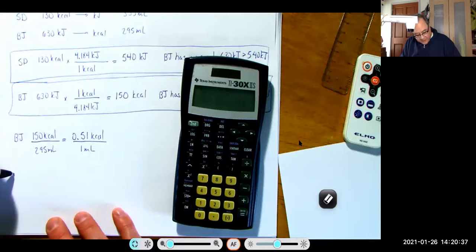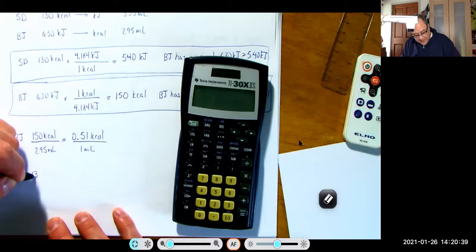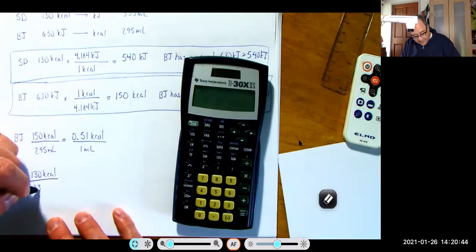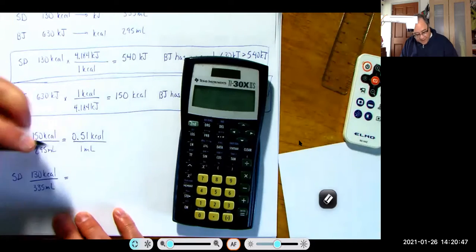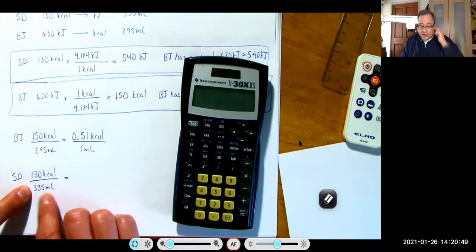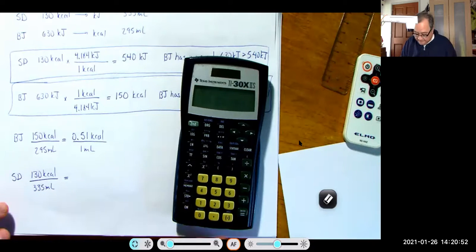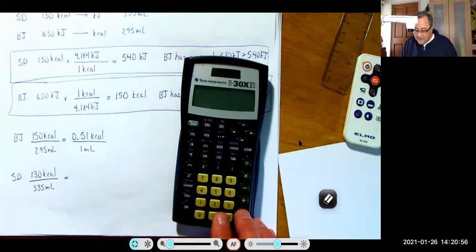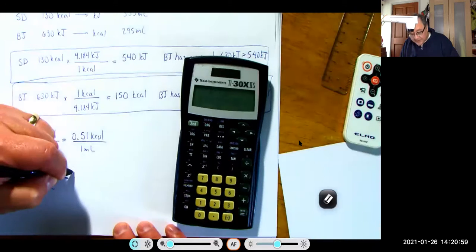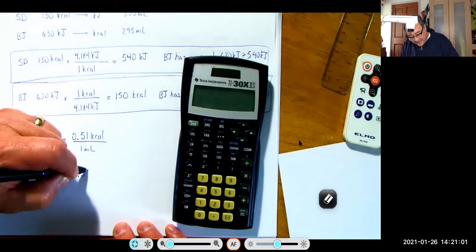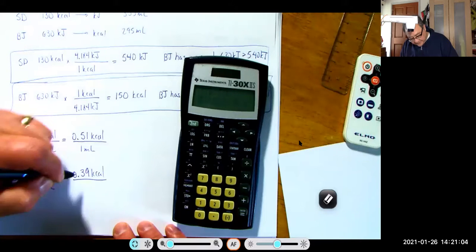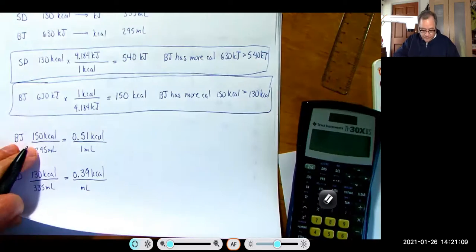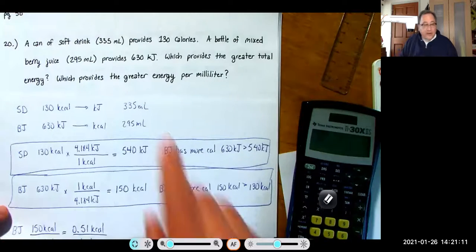And for the soft drink, we're going to have 130 kcals divided by 335 milliliters. And this is about 1/3 of that. So I expect this to be closer to like 0.36 or something like that. And it's not 0.36, but it is 0.39 kcals per milliliter. So the question is, which provides the greater energy per milliliter?